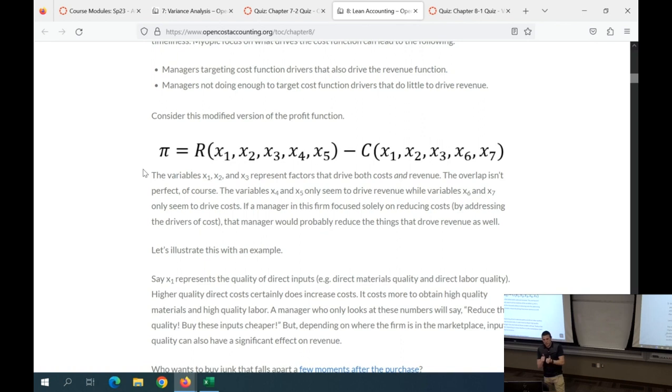You'll be chipping away at quality as much as you can until you are producing garbage that nobody wants to buy. You will be driving down costs to be more and more efficient, including driving down X1, X2, and X3 in this example that are driving cost. And you might be ignoring that they are also over here driving revenue.